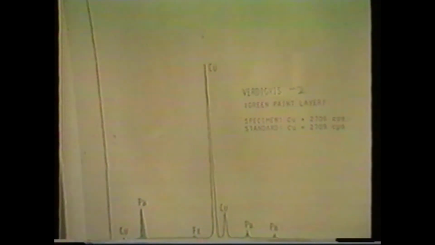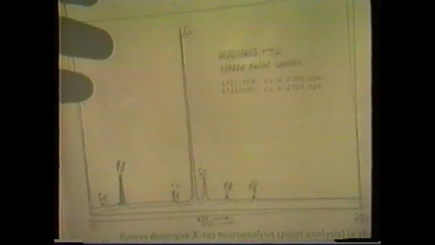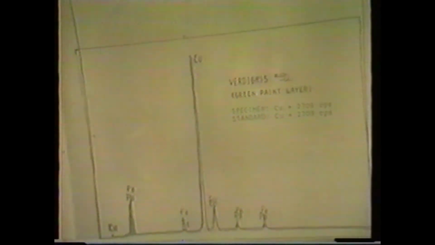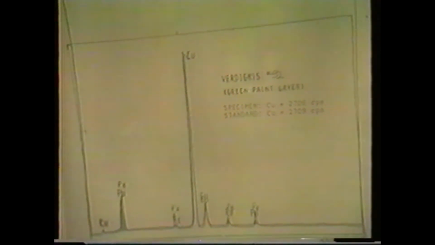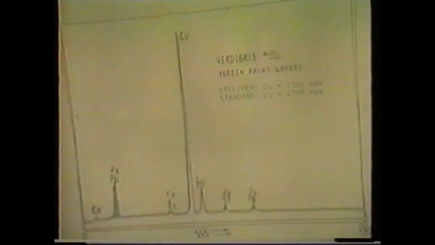And what I have here is first the inner layer of green, which is also a verdigris pigment. And you can see the relative ratios of the lead to the copper to the iron. In the outer layer of green pigment, there were some subtle differences, and if I can basically overlay these spectra somewhat, you can see that some of the minor components such as the lead and iron are very subtly different.